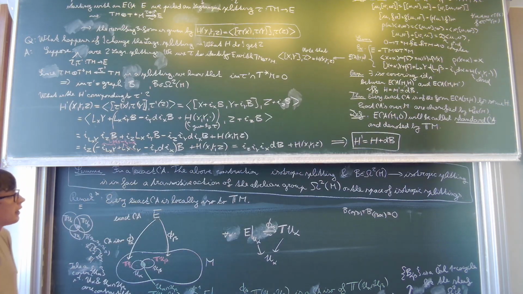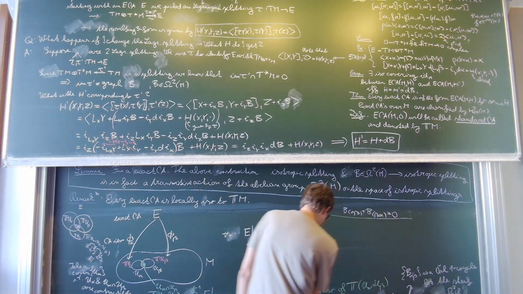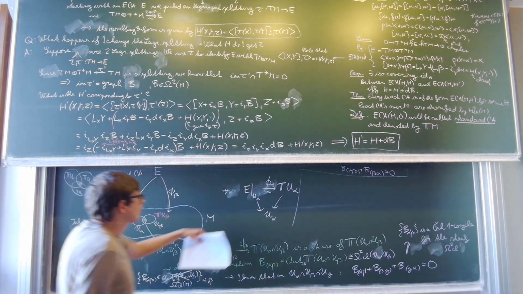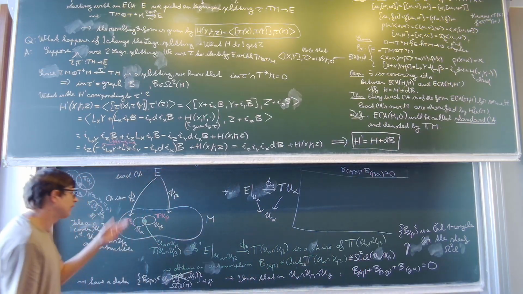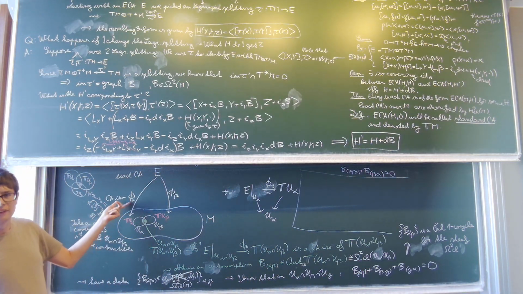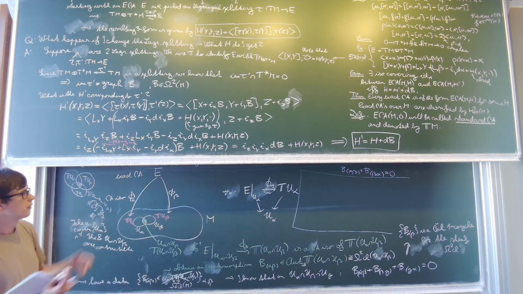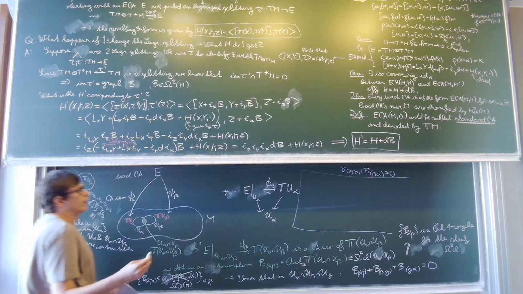Okay, so one remaining thing probably everyone anticipates at this point is that there was a choice at the beginning, and that was the choice of the phi's. So what happens if I take a different choice of phi's?